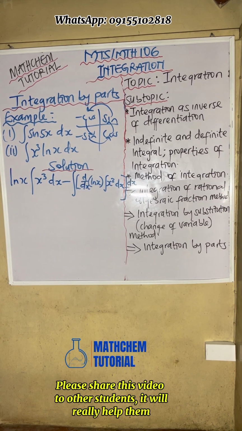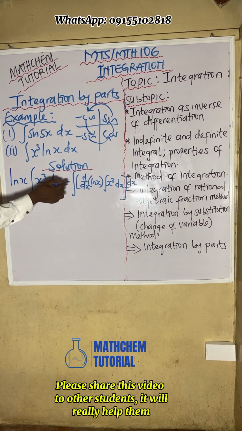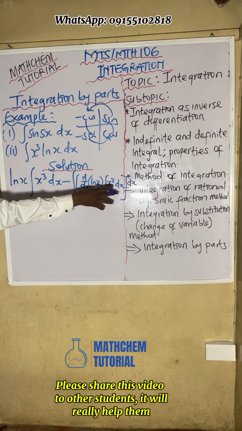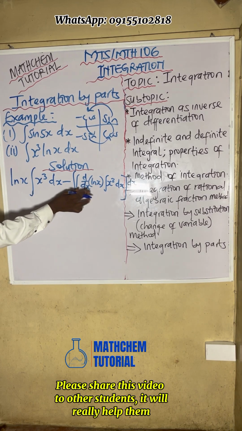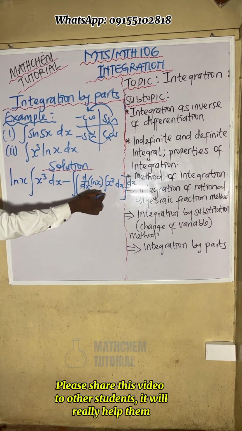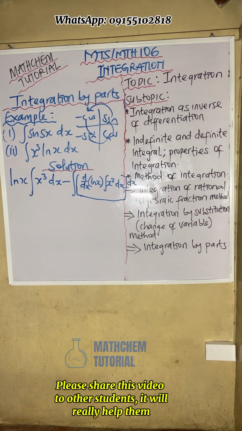Now what does this mean? Look at it very well. This is out, then we are integrating x cubed with respect to dx, subtracted from when we integrate everything inside this big bracket with respect to dx, but inside the bracket we will differentiate one and integrate one.